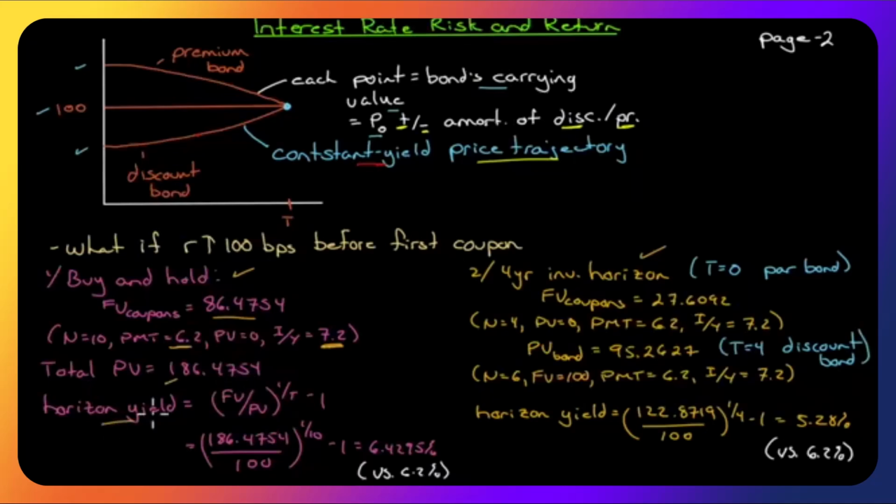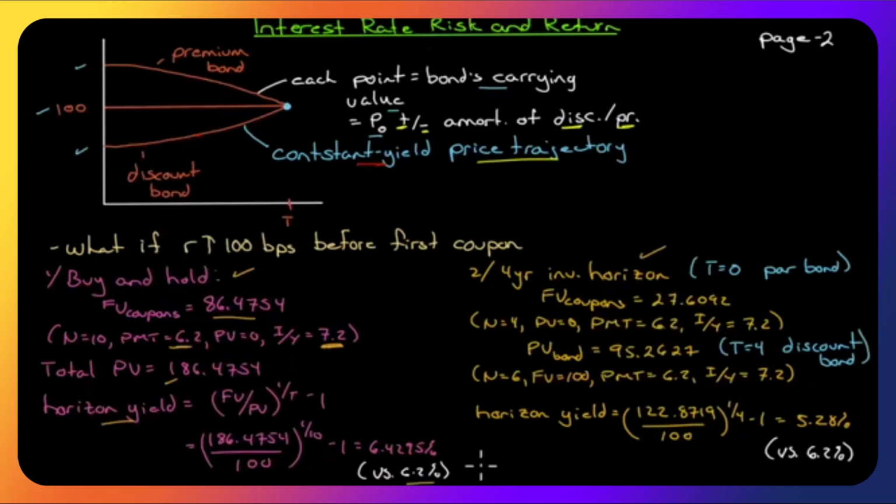Our horizon yield is our future value over our present value, and we take the t root of it, 1 over t, minus 1. We get 6.4295 versus 6.2. Could have told you it would have been higher than 6.2 because we have no price risk. We only have reinvestment of coupon risk.